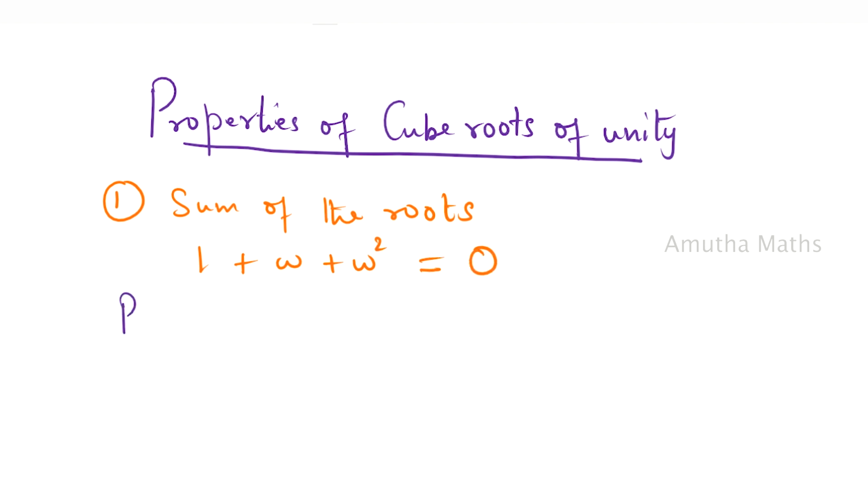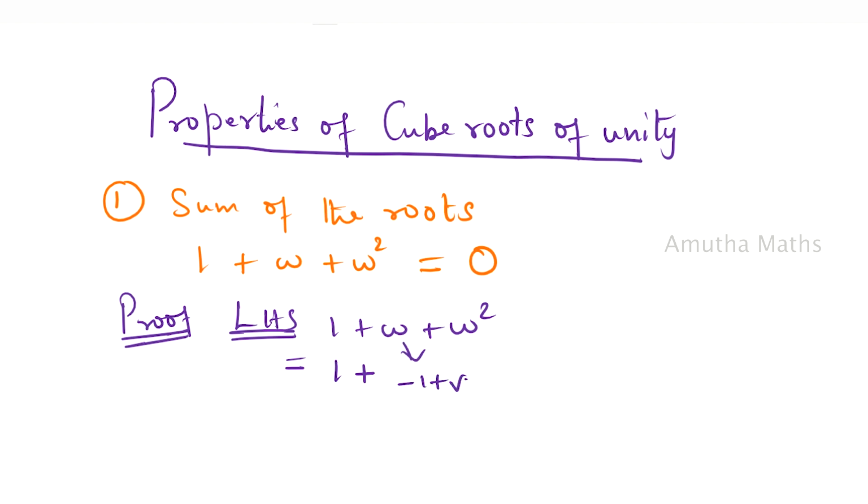Okay, so proof. How will you prove this one? You take LHS. Okay, so 1 plus omega plus omega square. Okay, so that is equal to 1 plus, what is omega? So omega is -1 plus root 3 i divided by 2 plus, what is omega square? -1 minus root 3 i divided by 2.